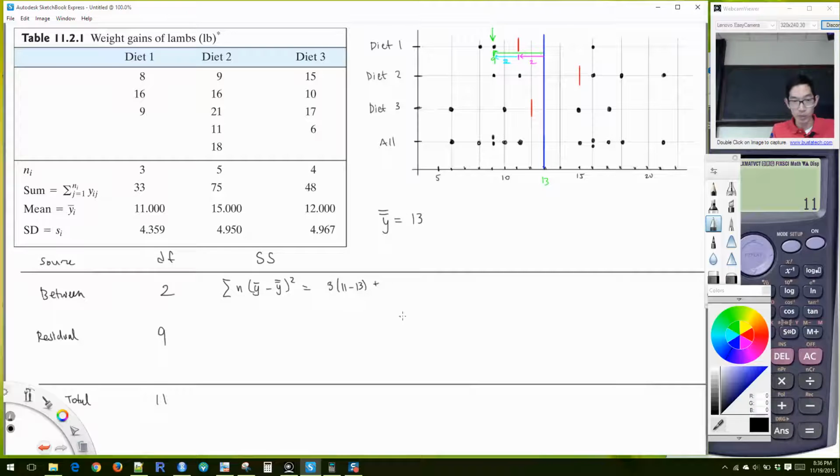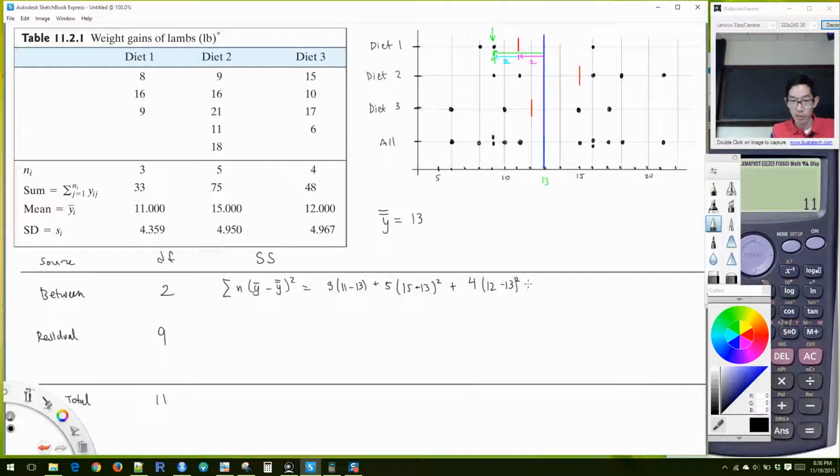And then we do this for all groups, so we do 5 times the difference of 15 minus 13, and 4 times the difference of 12 minus 13 squared.